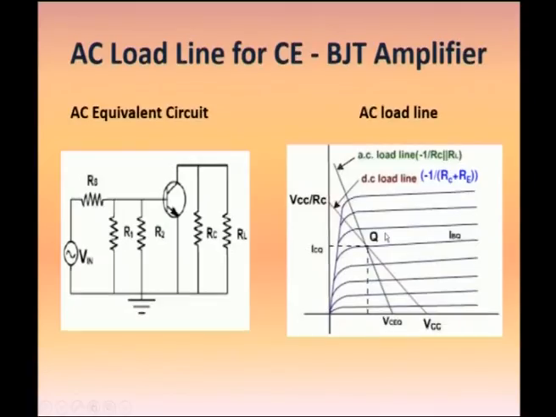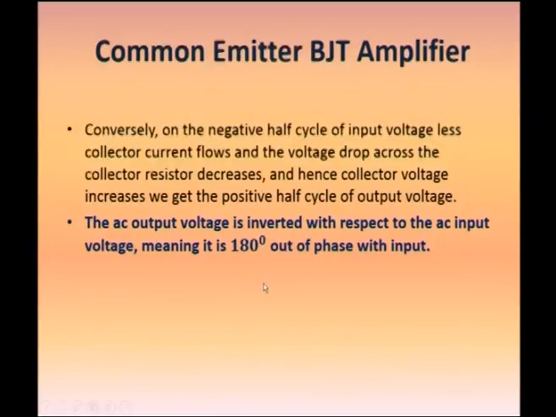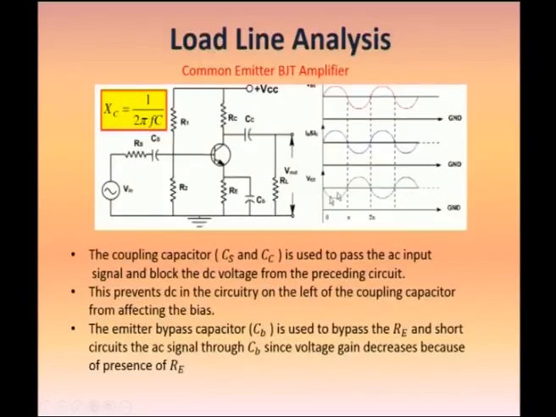And when you look at the load line analysis, this is the DC load line. The DC load line is drawn from the DC equivalent circuit of this voltage divider bias circuit. Voltage divider in the sense R1, R2 are the voltage dividers through which we are biasing the common emitter circuit.